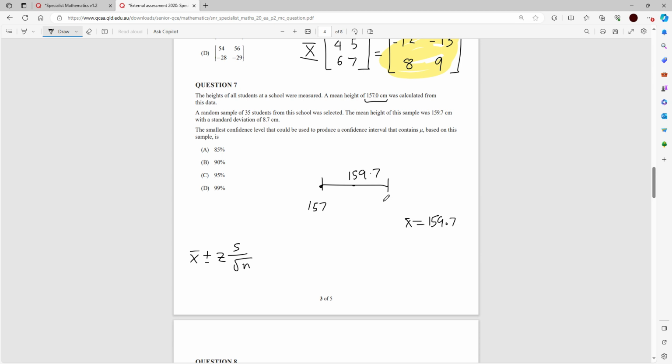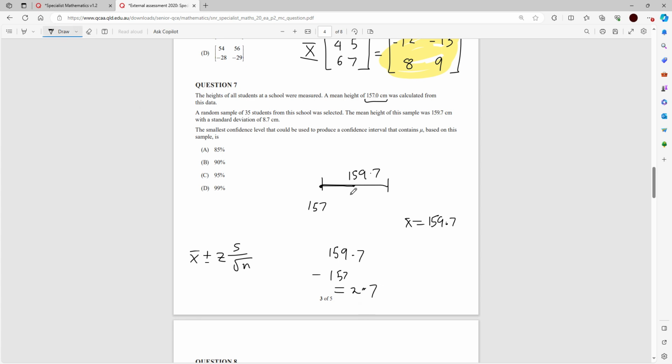Now for the smallest interval that contains mu, you want this distance here to be the difference between 159.7 and 157. So in other words, 159.7 minus 157, what is that? 2.7.